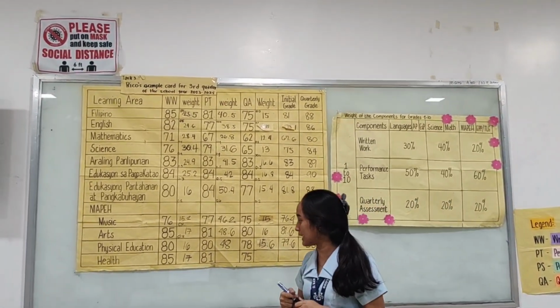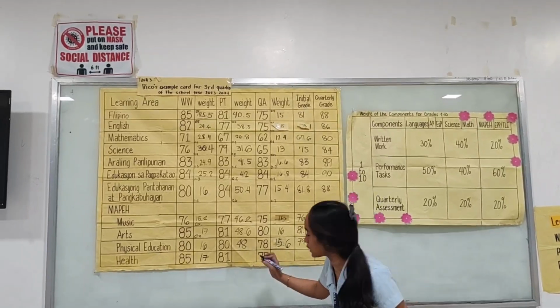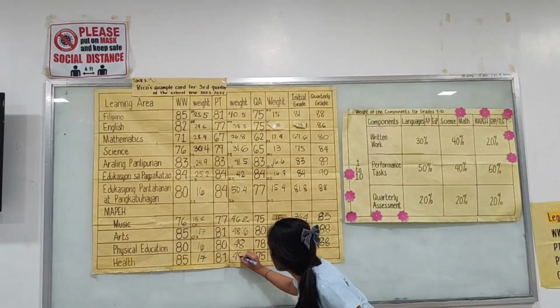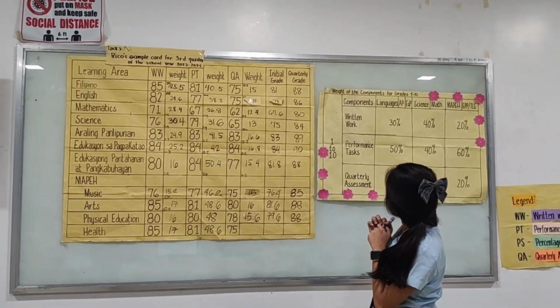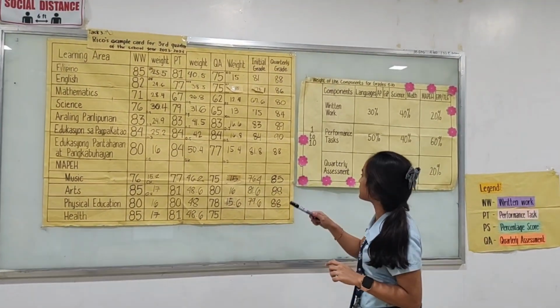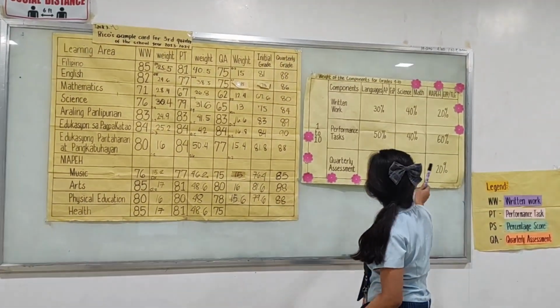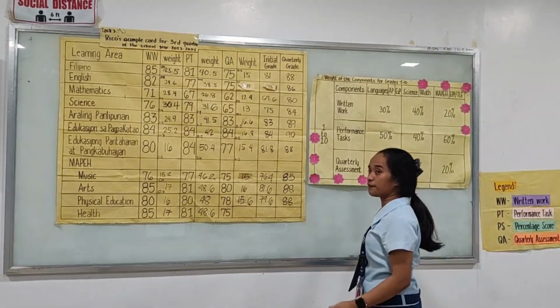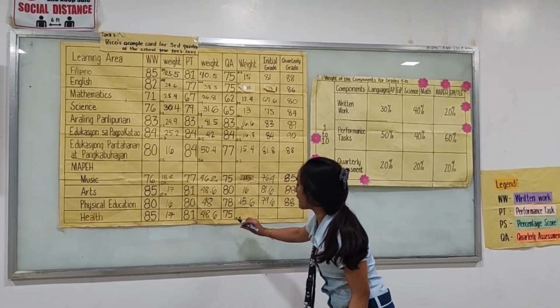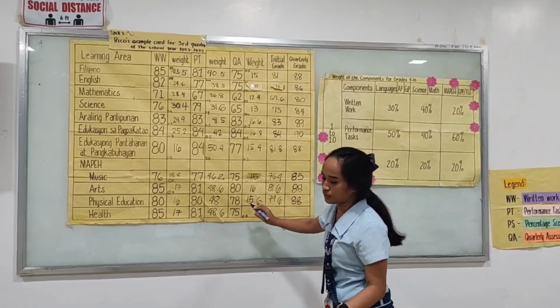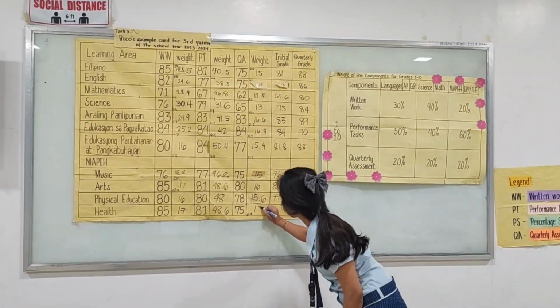So 0.6 times 81 equals 48.6. So the weight component of the quarterly assessment in MAPEH Health is 20%. So the decimal number of 20% is 0.2. So 75 times 0.2 equals 15.